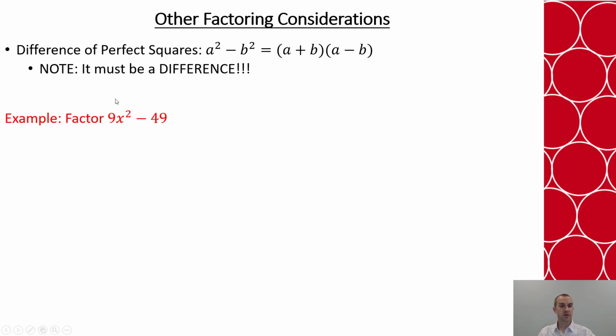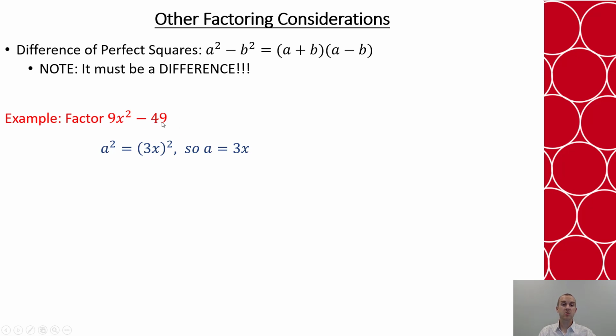Let's look at an example here. 9x squared minus 49. So yes, I could put plus 0x in the middle and then work through the trinomial steps I just did. Or I can recognize that these are perfect squares. If I take the 9x squared, the square root of that would be 3x. So my a value is 3x.